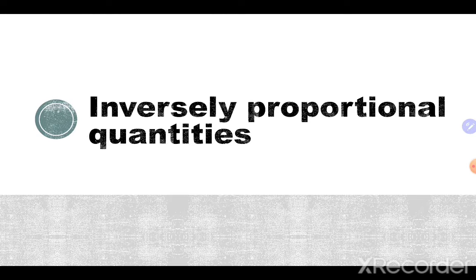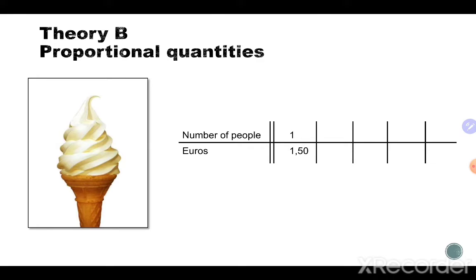Let me have a look at an example, because if it is beautiful weather outside, we can buy some ice creams. If I buy just one ice cream, I need to pay €1.50. If I buy two of them, I need to pay double, so €3, because two times 1.50 is €3.